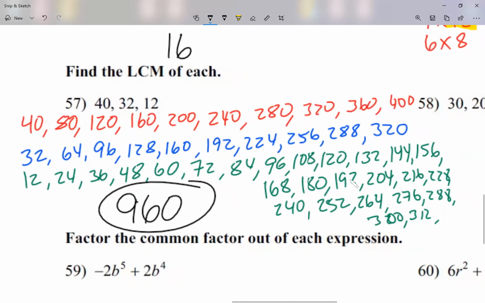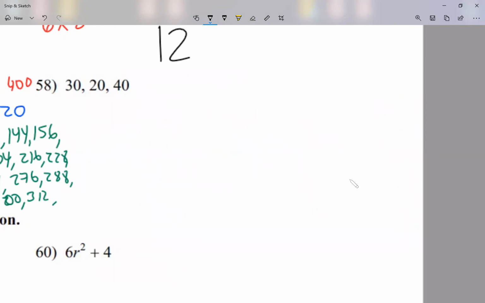Now let's take a look at question number 58. I want to find the least common multiple of 30, 20, and 40. Okay, let me find my multiples of 30. So 30, 60, 90, 120.